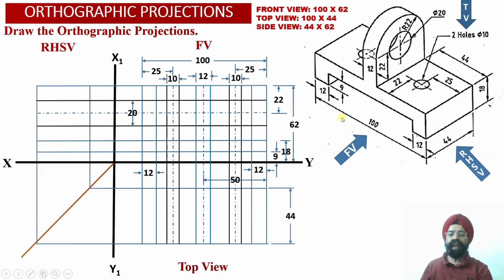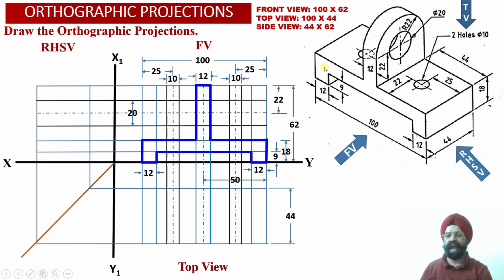Now let us darken those surfaces which are visible to the observer from the front view orientation. As the observer is going to look at the solid from the front, this surface will be visible to the observer from the front view orientation.